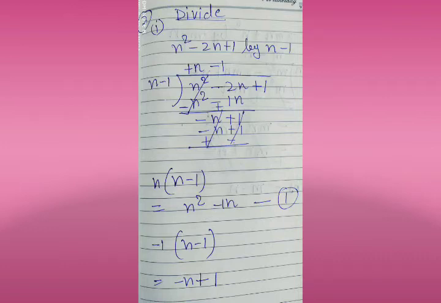So you have to multiply n minus 1 with such a literal quantity so that we can cancel the first term. Clear? First term is what here? N to the power 2. So with which literal quantity will we multiply n minus 1? N. Clear? So here with n minus 1, when we will multiply n, we will get n square minus n. So that is why I have done n square minus n.